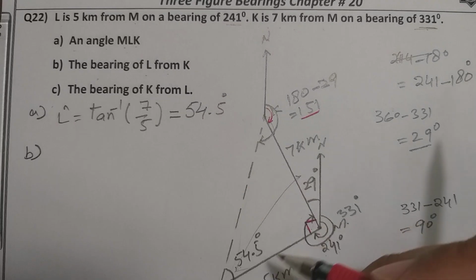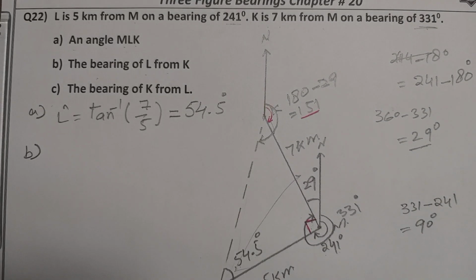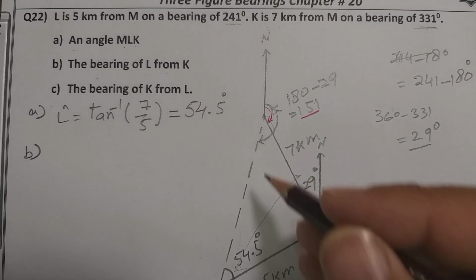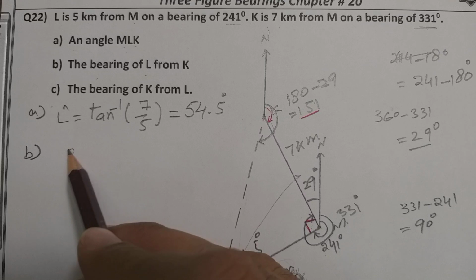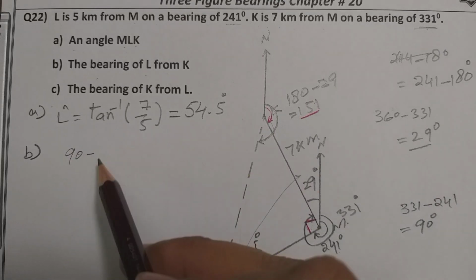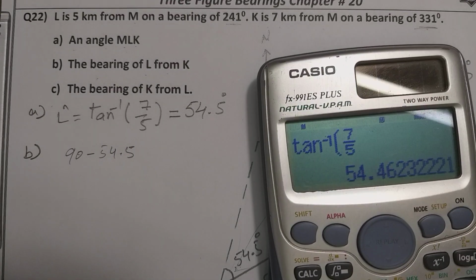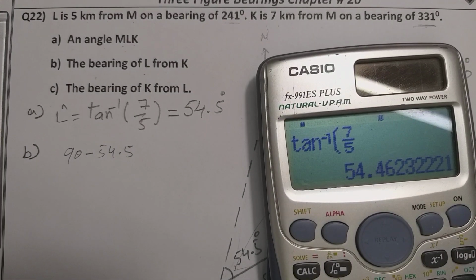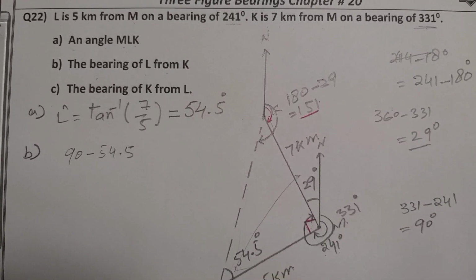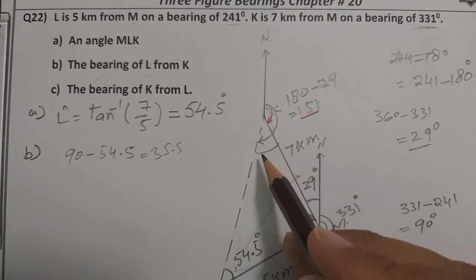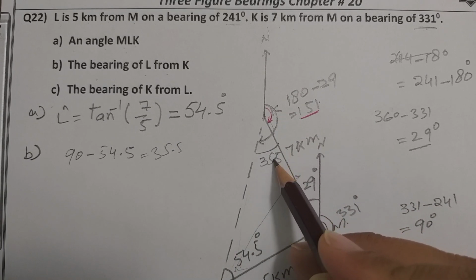So let's suppose this is 90 minus this angle: 90 minus 54.5, which gives us 35.5. So this angle is 35.5 degrees.